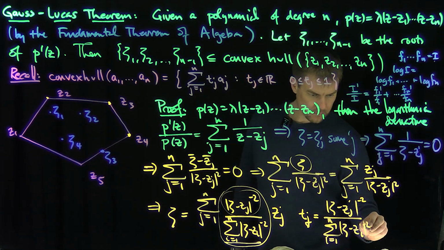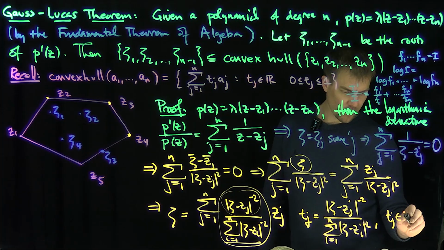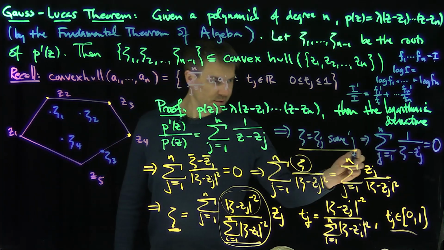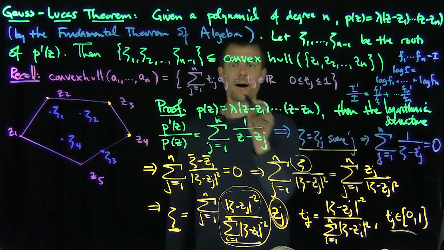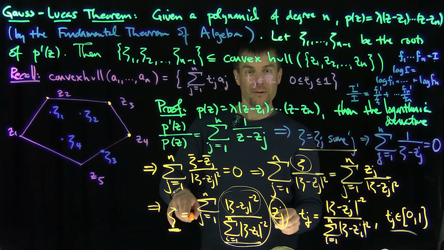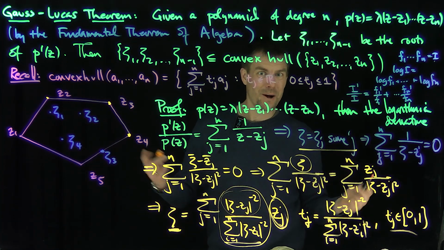Good. And so these tj's are between 0 and 1. In other words, zeta, one of these roots, is a convex combination of these zj's. In other words, the roots of the derivative are in the convex hull of the roots of the original polynomial.